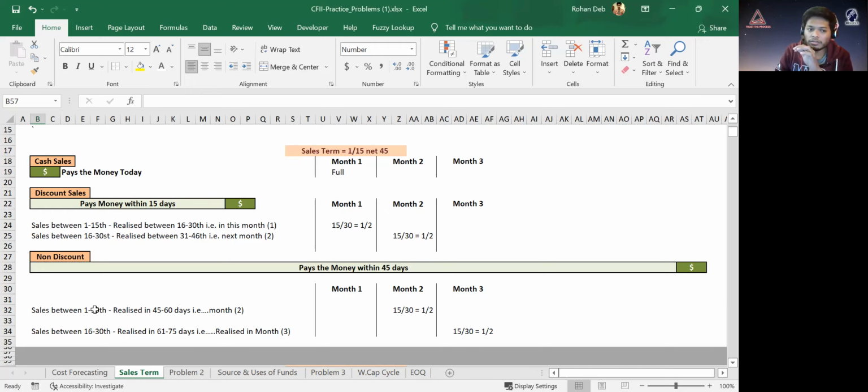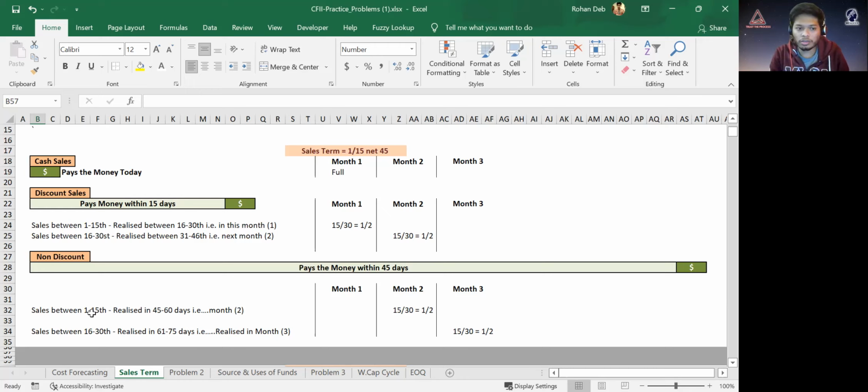The sale you do on the 15th day will be received on the 60th day, which is the last day of the next month. So for the sales between 1st and 15th, you're not receiving anything in month 1. You're receiving that money in month 2.